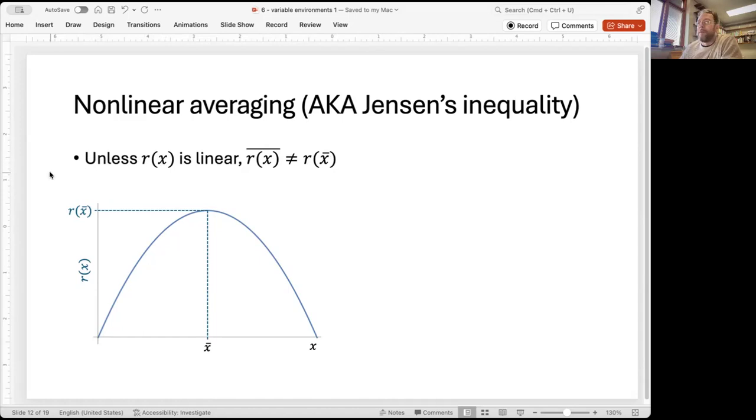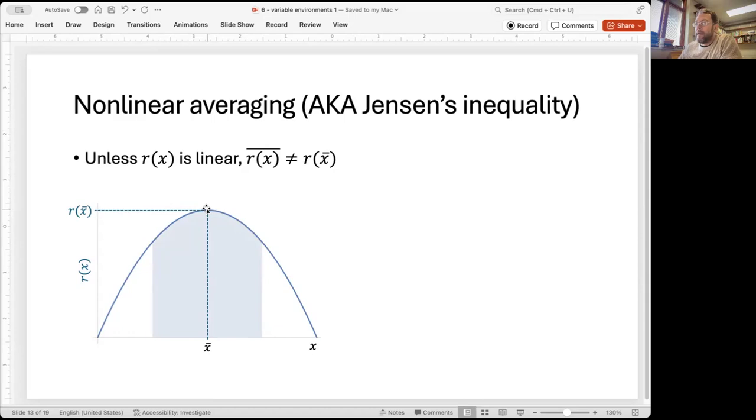Let's take an example. Here's growth as a function of some environmental variable X, and it's going to fluctuate around some average X bar. That's the optimum right here, so growth is maxed out there. Now let's let the environment X vary back and forth in this shaded range.